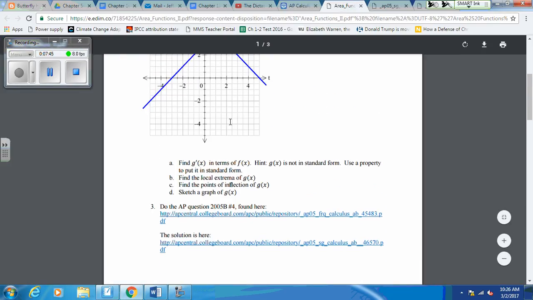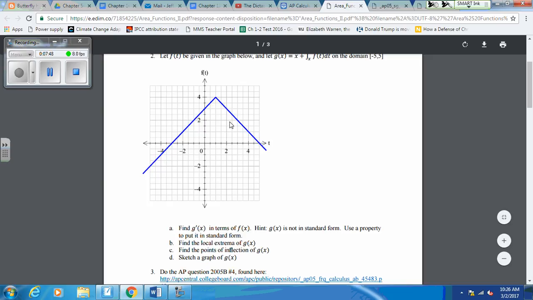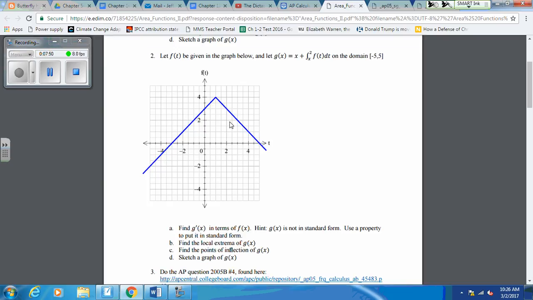Whenever the slope of F is positive, then the second derivative of G will be negative. And whenever the slope of F is negative, then the second derivative of G will be positive, because G double prime equals -F prime. That is what we discovered here. So that means that G double prime is going to be negative up through 1 and positive thereafter.